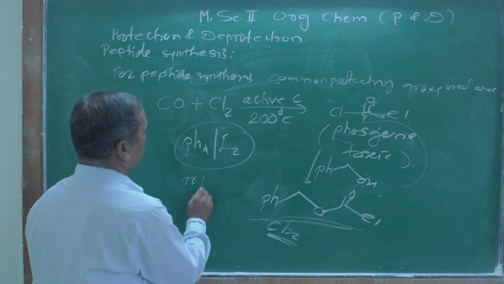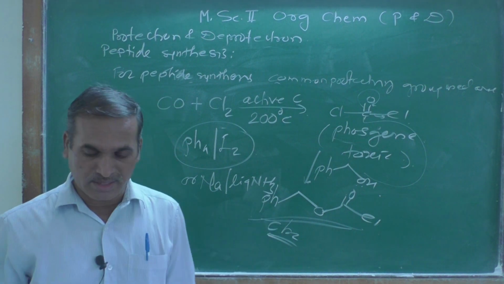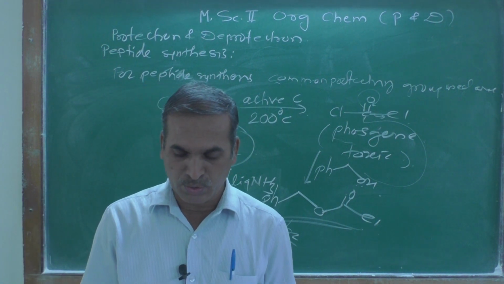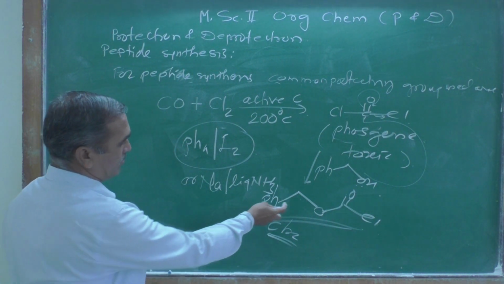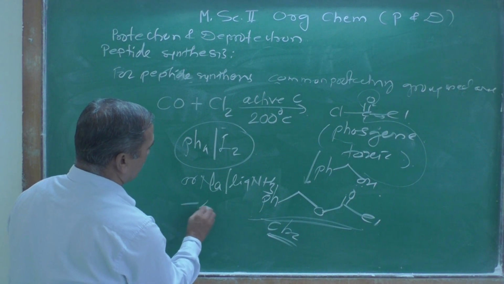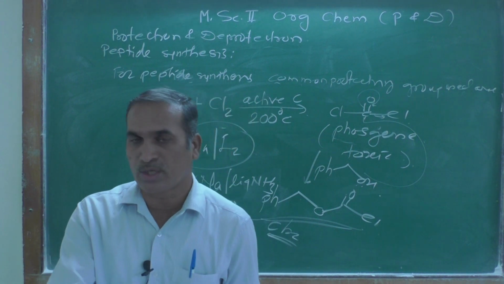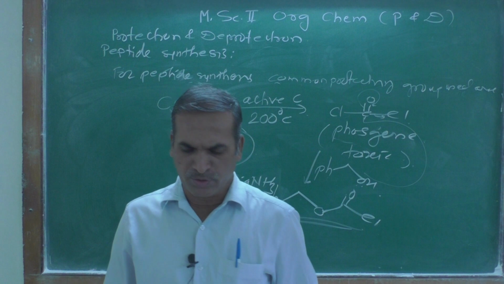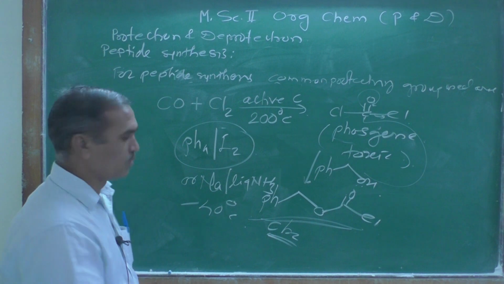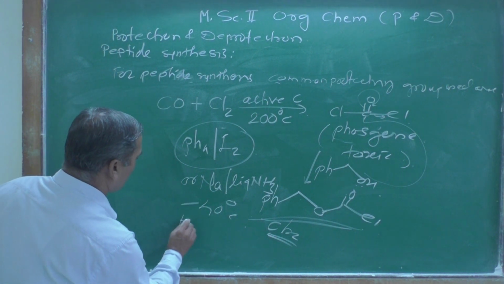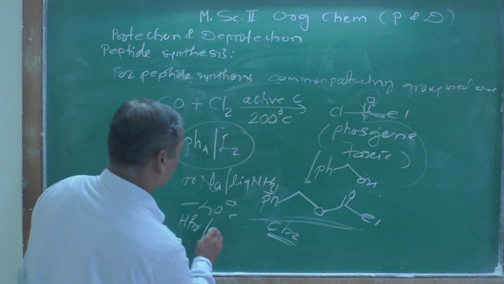Or we can use sodium in presence of liquid ammonia. This is another reagent used to remove that benzylic type of group. The reaction is carried out at low temperature, about minus 40 degrees centigrade. Or we can use hydrogen bromide in presence of acetic acid.